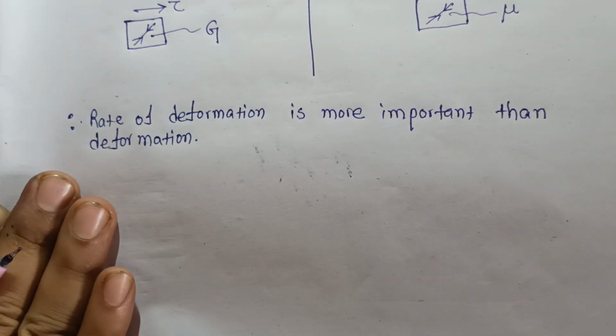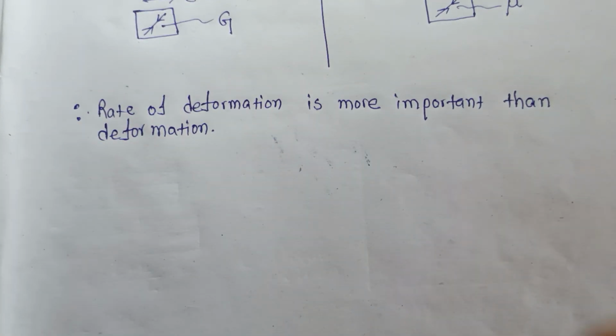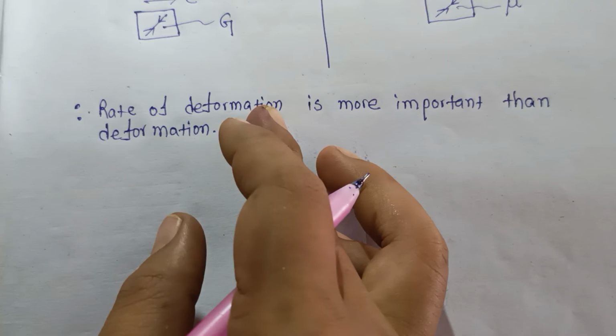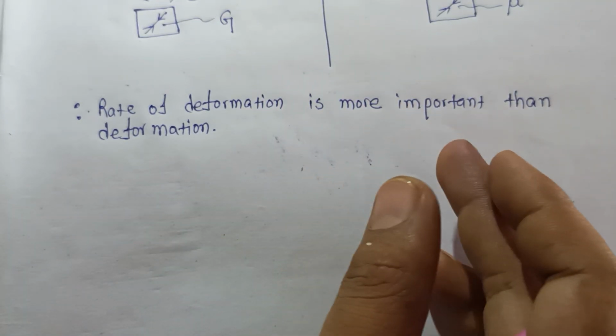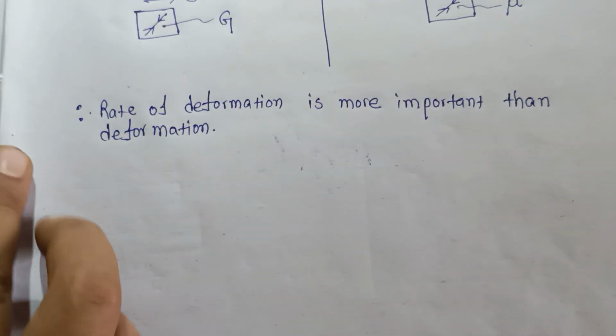Now the viscosity: it is a property of the fluid which offers resistance to movement of one layer of the fluid over another adjacent layer of the fluid. So what is viscosity?